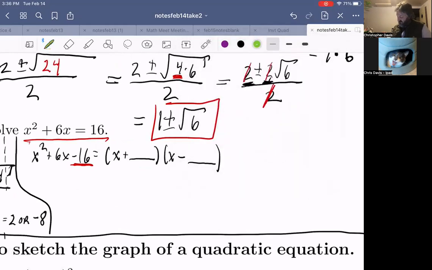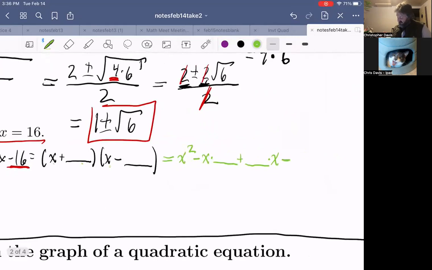in green, let's think about what would happen if we factored out that right-hand side now. You'd get x squared, first times first is x squared, outside minus x times one of the blanks, plus blank times x. And the two blanks aren't the same. And then finally the last, plus a number times minus another number.